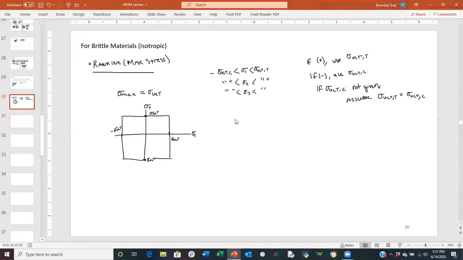Now for the safety factor, right? So how do we determine, using a quantifiable number, if the material fails? Because it's easier to understand via numbers.